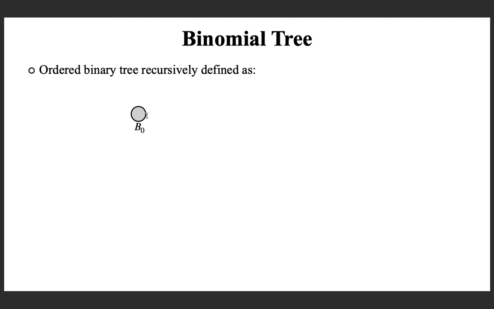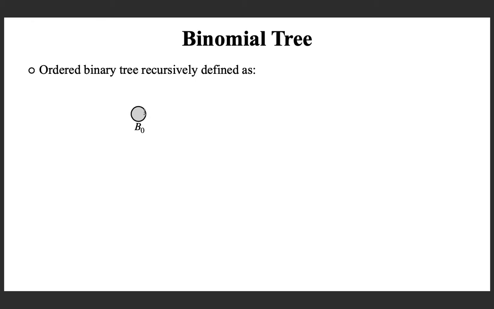A typical way to define the height is the number of edges in the longest path from root to a leaf node. Here there are no edges, and hence the height is 0. So B0, you can remember it like a binomial tree with height 0. So only one node in it.